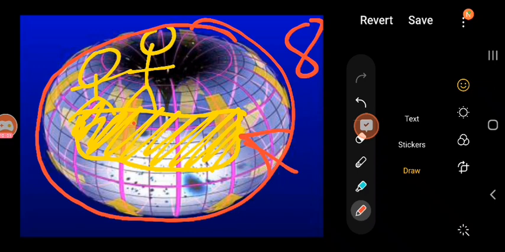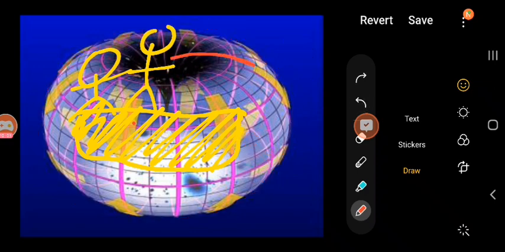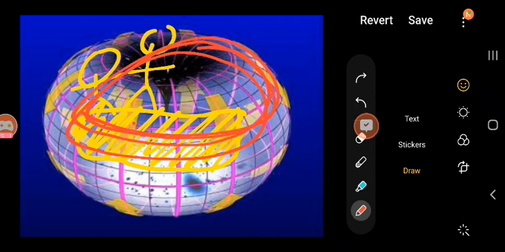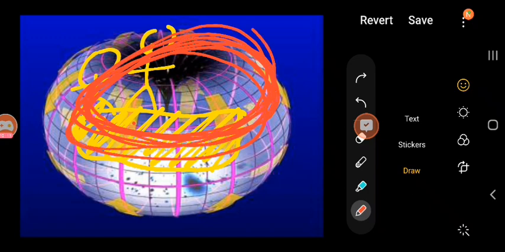Even though this is also infinity, it's a finite infinity because it can loop over and over and over.